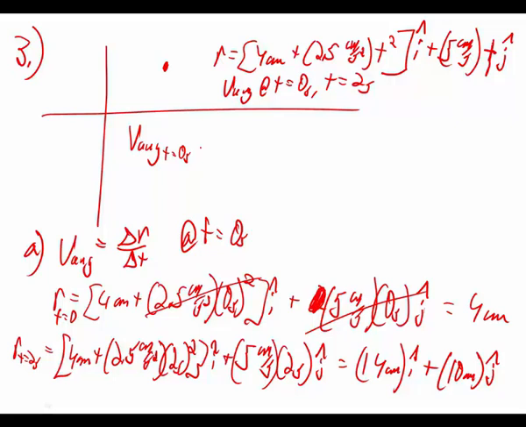Just to find the average velocity, we do what? Final minus initial, don't we? Well, we got 14 centimeters minus 4 centimeters over 2 seconds. And this is going to be the I component, right? And what do we get? 5 centimeters per second, is that right?